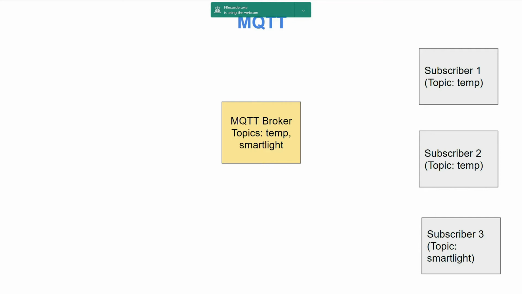So we have 3 subscribers and 2 different topics. On the MQTT broker, you see there are 2 topics: one is temp and the other one is Smartlight. Now on the left hand side, you see there is a publisher, and this publisher 1 is publishing some messages on the topic temp.